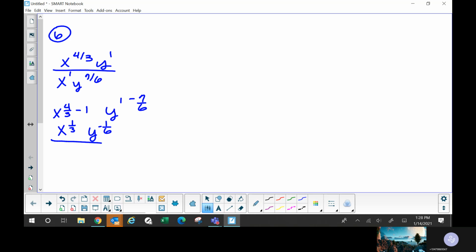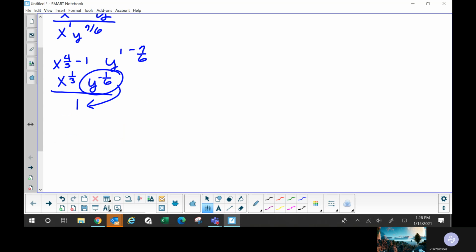On the top part of the fraction, you have x to the 1/3, y to the negative 1/6 power, all over 1. We've got to move that y to the negative 1/6 down to the bottom. So this is going to be x to the 1/3 over y to the 1/6 power.